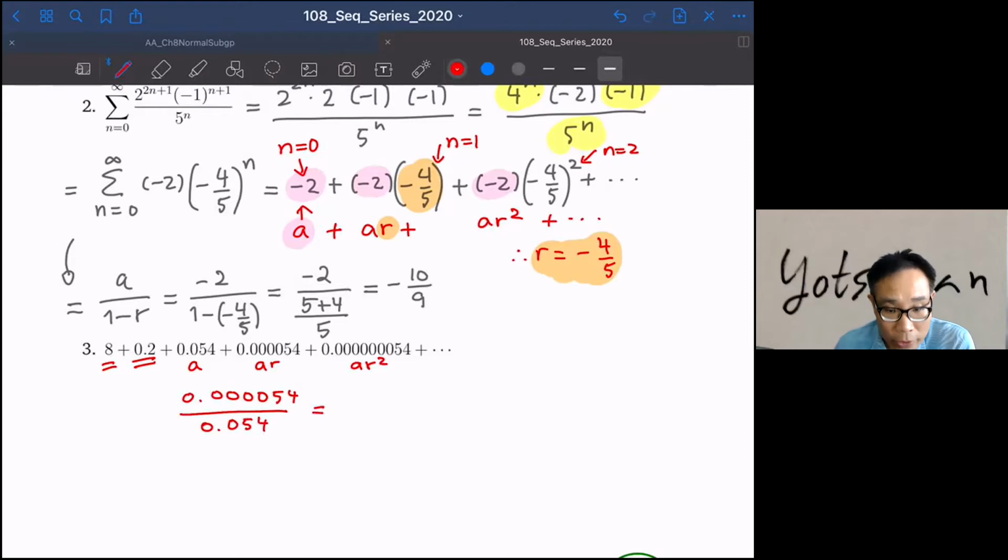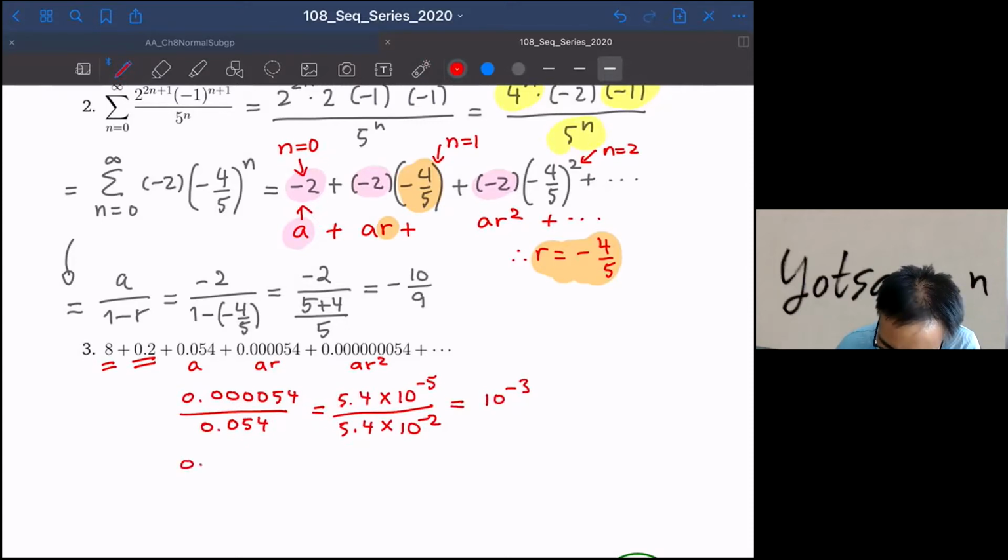If you write this one, it is 5.4 times 10 to the -5, and the other has 5.4 and 10 to the -2, so this becomes 10 to the -3.